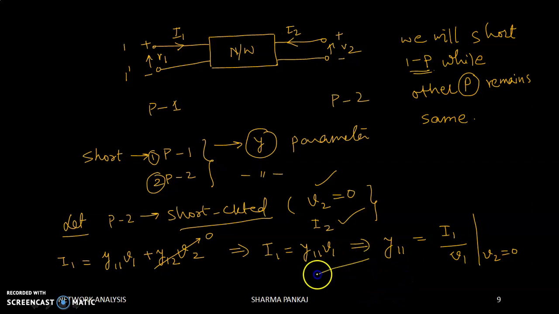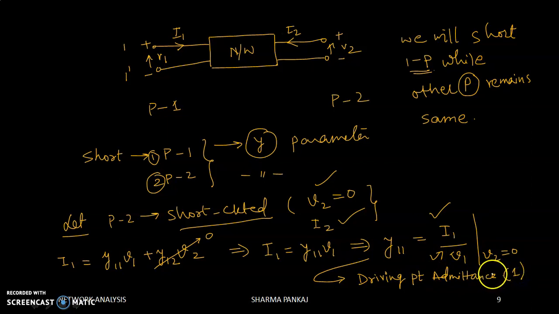This y11 is called driving point admittance at port 1. Where is it defined? V1 is defined at port 1, I1 is defined at port 1 likewise, so it is at port 1.